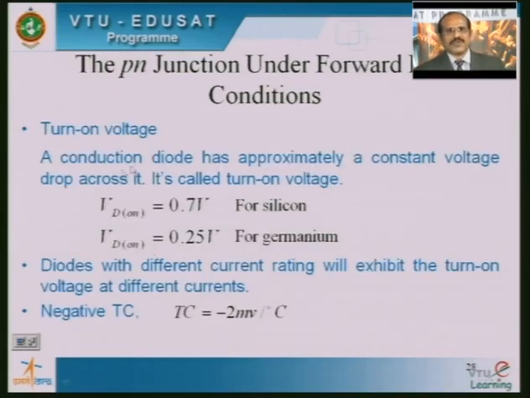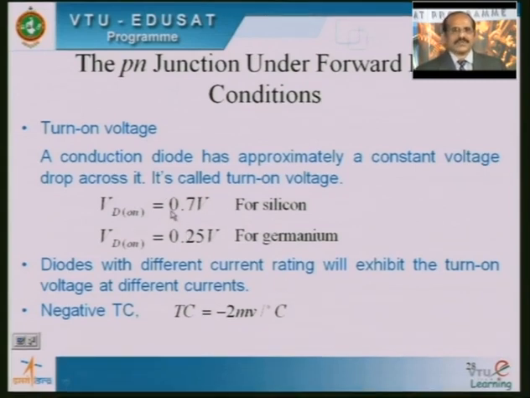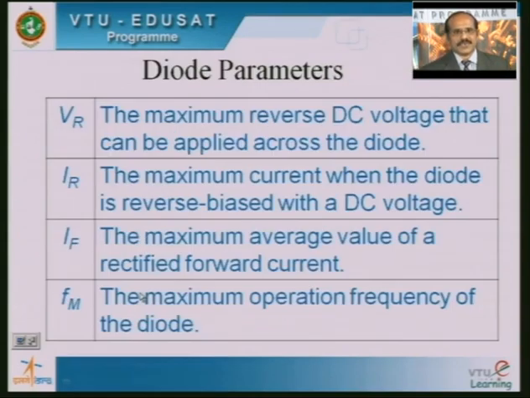And also we have seen that the turn on voltage varies depending upon the material being used. In case of silicon, the turn on voltage or threshold voltage is 0.7 volts, whereas for germanium it is only 0.2 volts. Diodes with different current ratings will exhibit the turn on voltage at different currents.